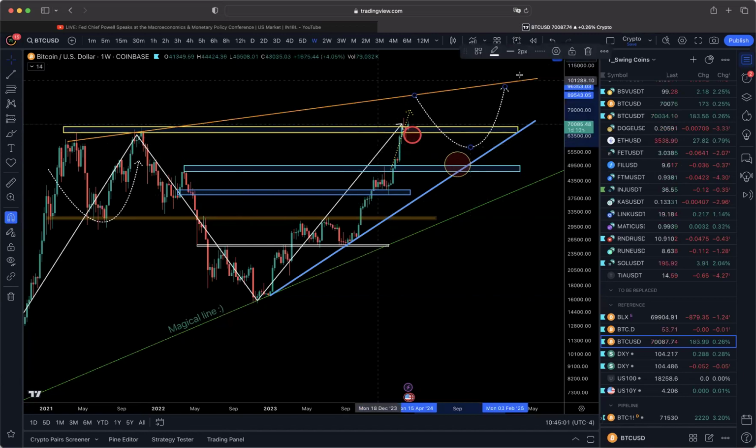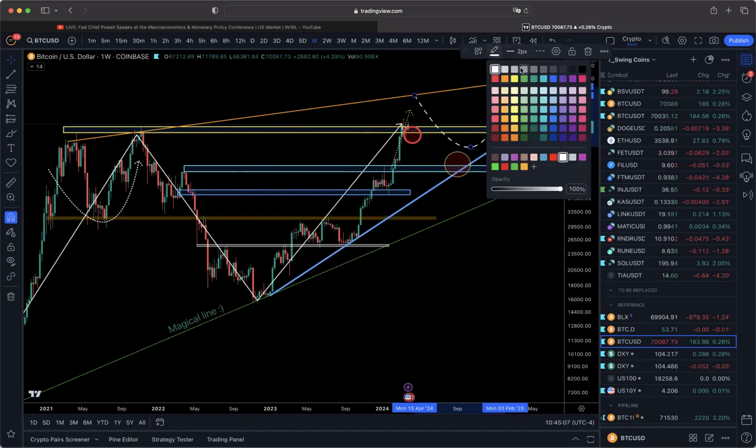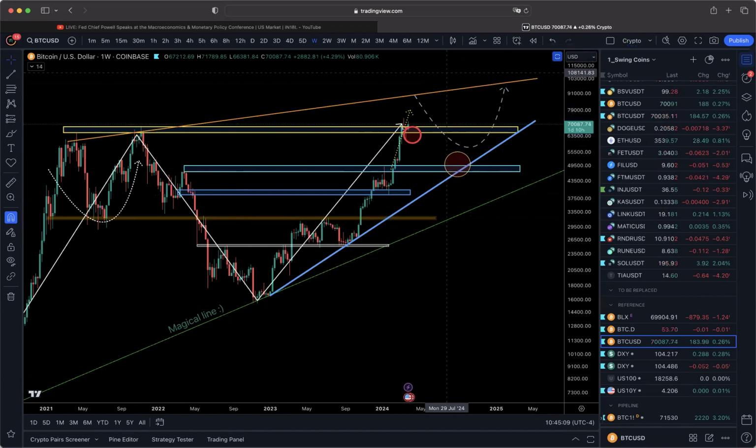So for now, I'll just highlight that with a dashed line. Maybe grayish, just from a tracking point of view. It's not obvious at this moment. Okay. So the obvious move that we are expecting is touching the 90K, and that's where we're interested.